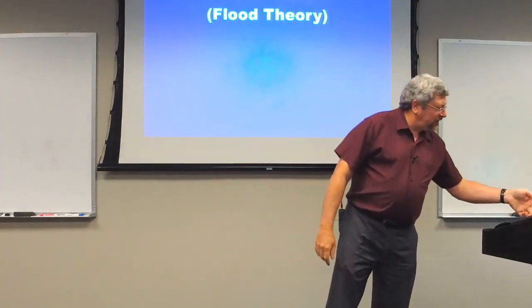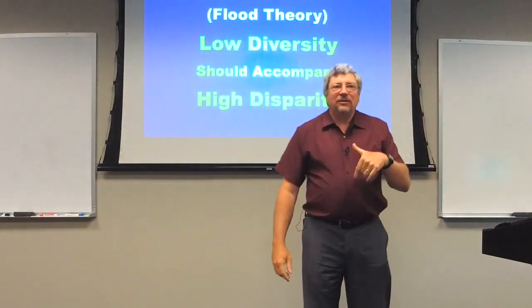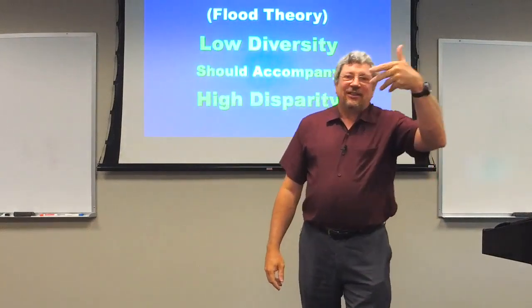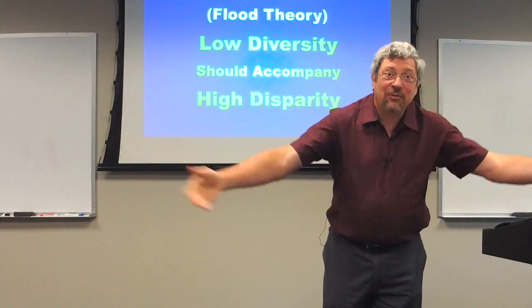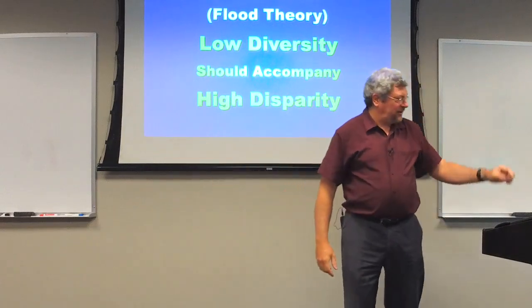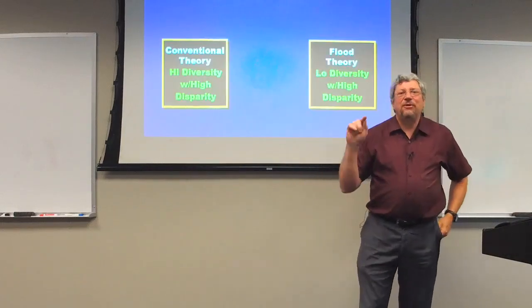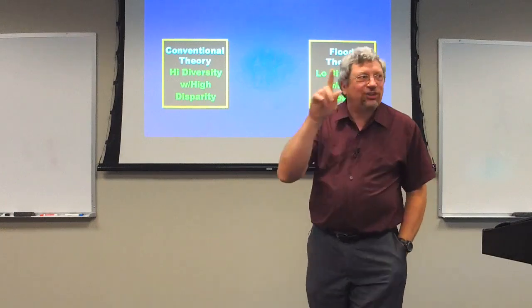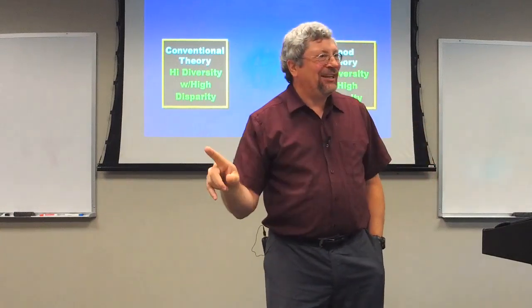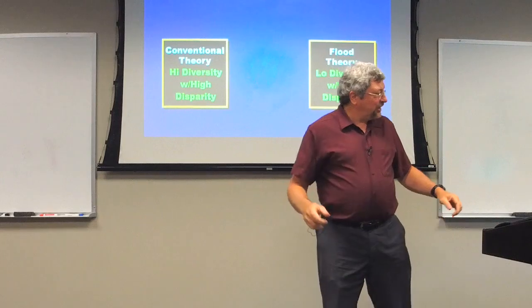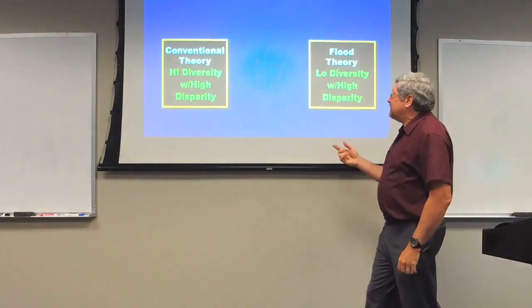So in the flood theory, we would expect low diversity at the base of the flood, at the same time that you have high disparity. So that disparity should actually come before diversity. So the two models have opposite expectations.